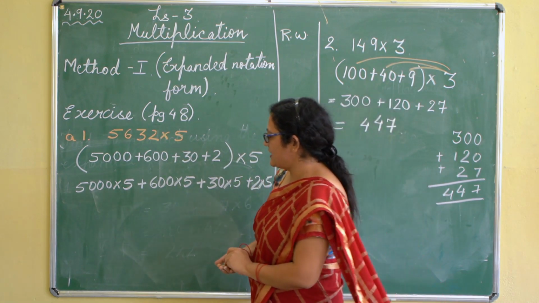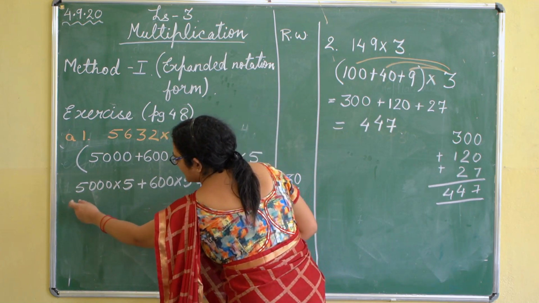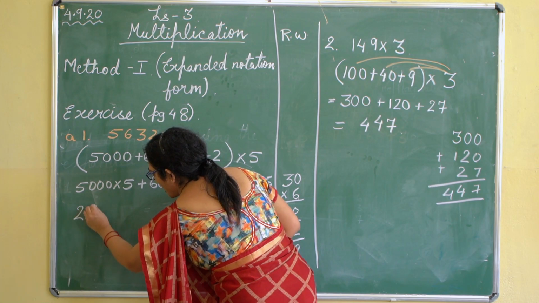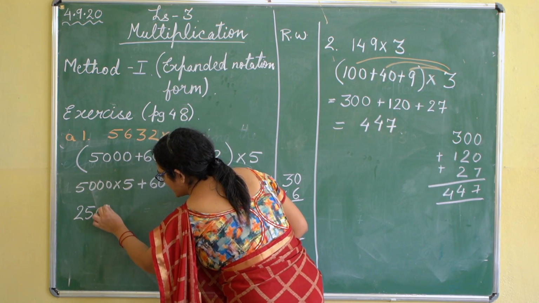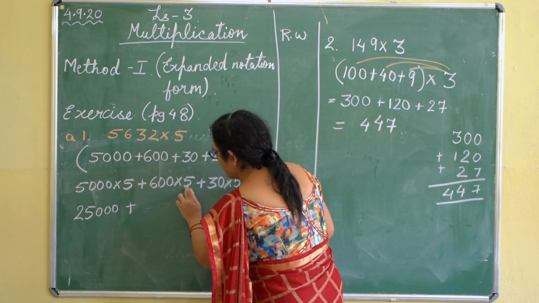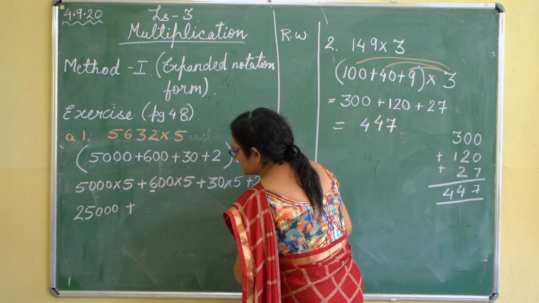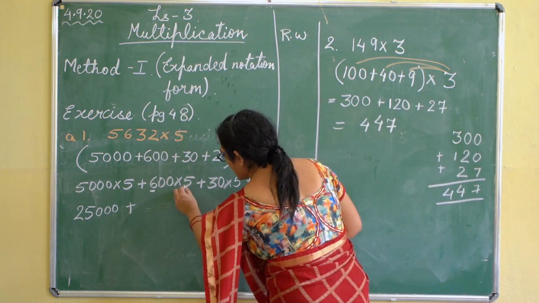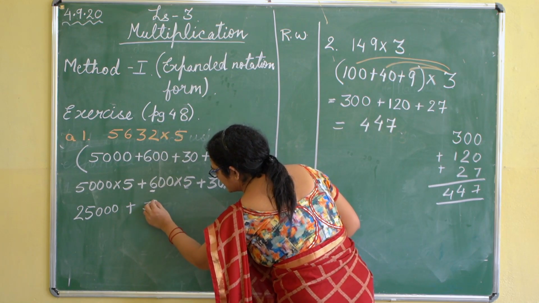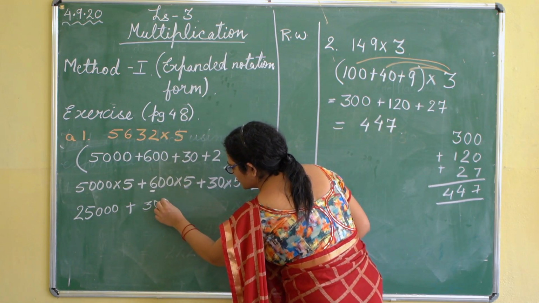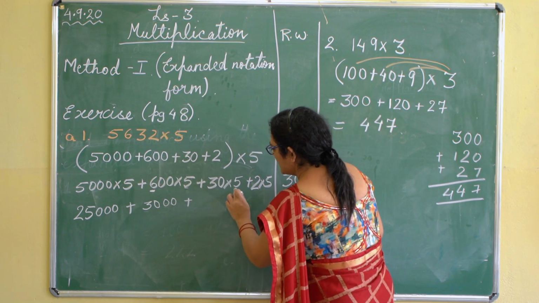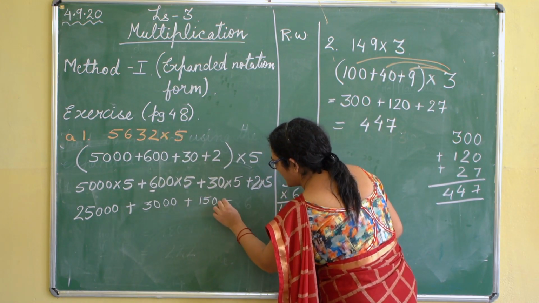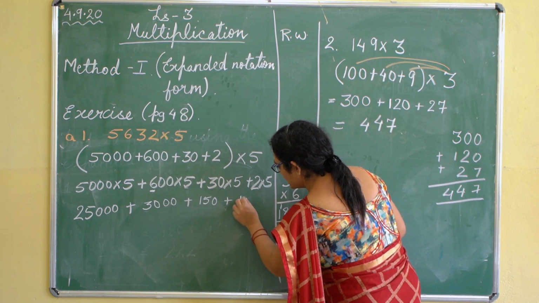Now 5 fives are 25, how many zeros are there? 3 zeros. Plus 5 sixes are 30, 2 zeros. Plus 3 fives are 15, 1 zero. Plus 2 fives are 10.